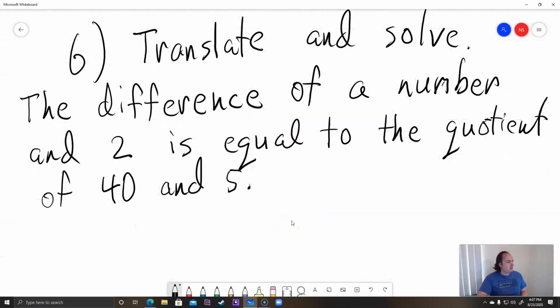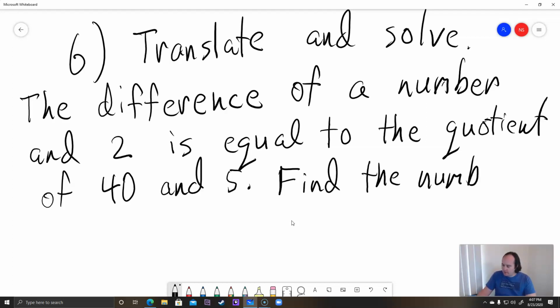And then they have the second sentence, which is find the number.